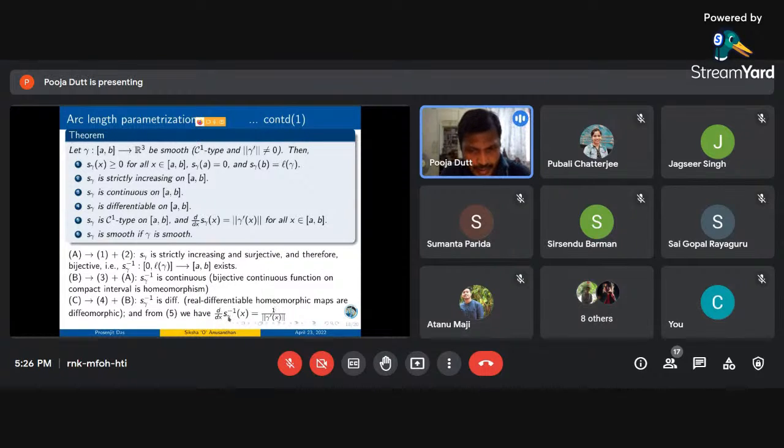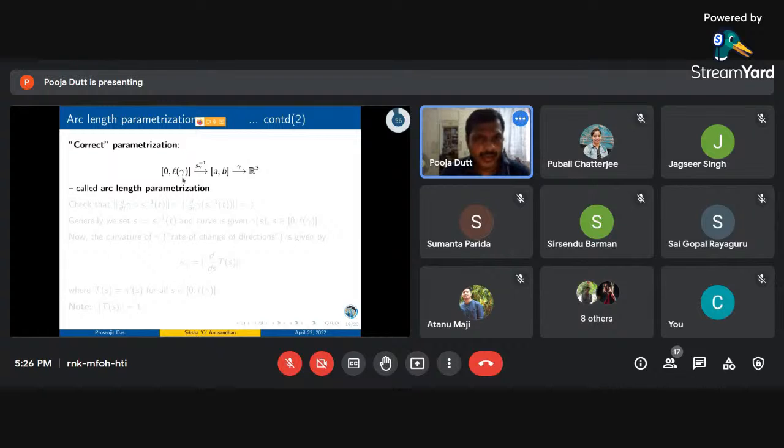And the derivative of S gamma inverse is exactly 1 by the norm of gamma prime x. So the answer is very simple. You convert the interval AB to the interval 0 to the length of gamma by the S gamma function, and compose.